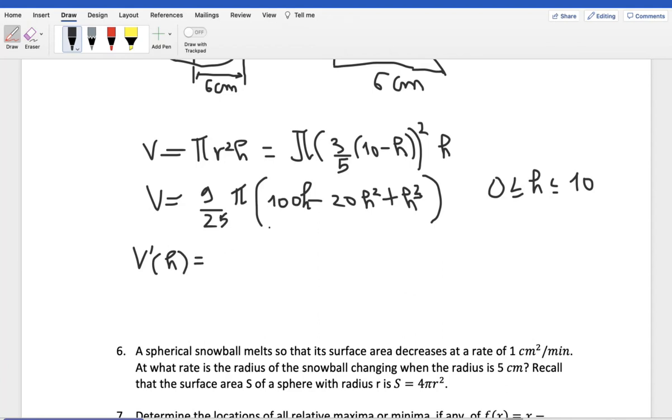Which is this one. And when you do that, and you're looking for when the derivative is equal to 0, that would be when you're looking for your maximum values.